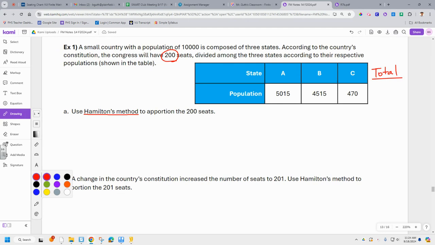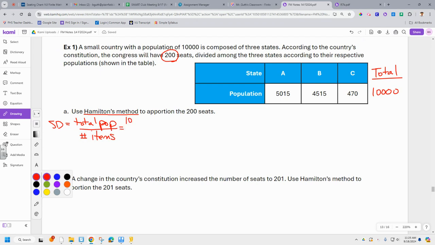And I'm going to add those numbers up: 5,015, 4,515, and 470. That adds up to 10,000. That's the total. So when we do Hamilton's method, we want to start with that standard divisor. Remember, the standard divisor is the total population divided by the number of items.